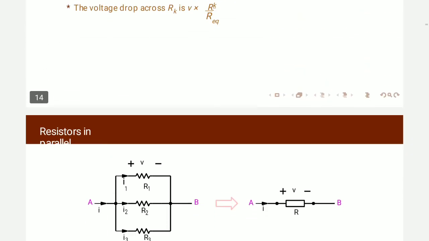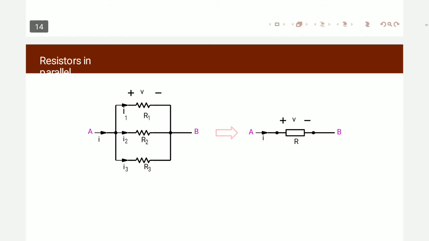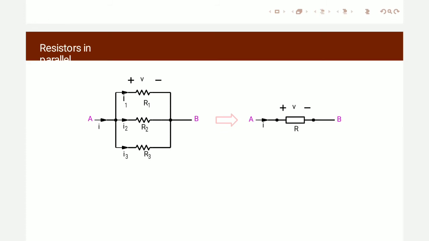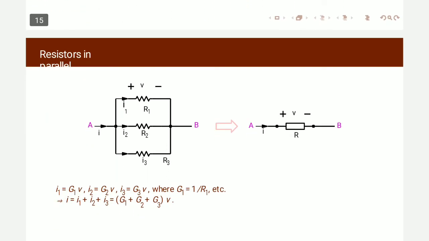So now parallel conditions: R1, R2, R3 are in parallel. Across the A and B terminals the resultant resistance is R, and the voltage is V. So I1 is equal to G1 into V, I2 is equal to G2 into V, I3 is equal to G3 into V, where G1 is equal to 1 by R1, G2 is equal to 1 by R2, G3 is equal to 1 by R3.